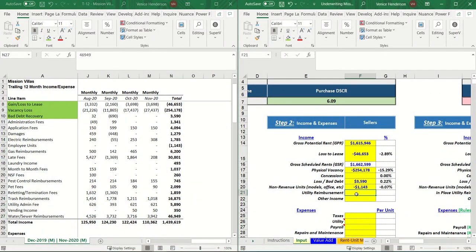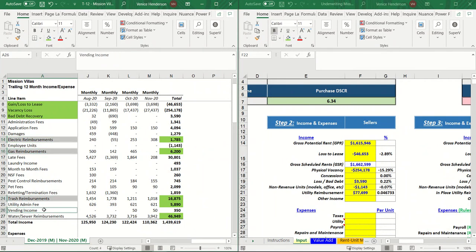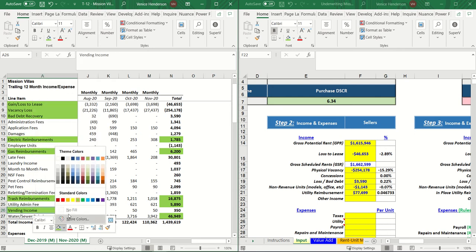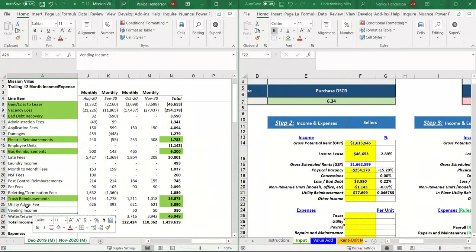So I'm going to put that here, $77,699. And all the other incomes. So let me come back here and mark those green. So now I can do this, this, and oh, I didn't mean to do that. Just make those green. Come back here, make it ungreen, and then do these two items.